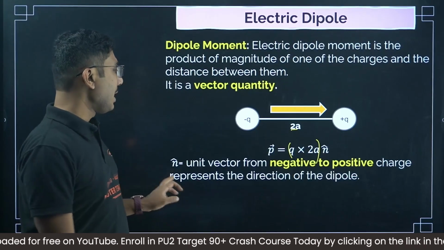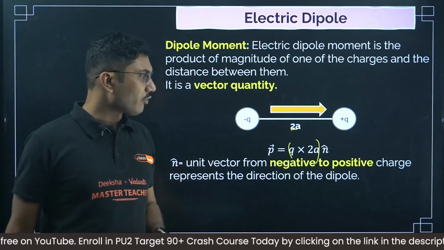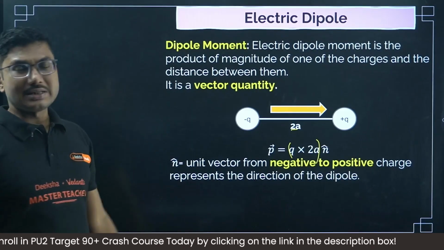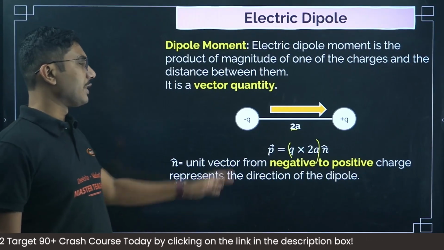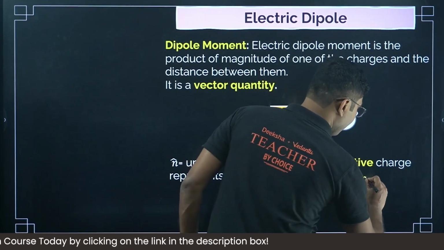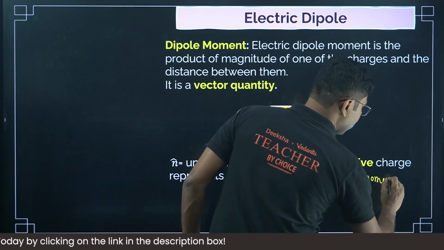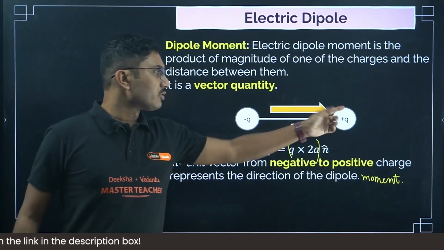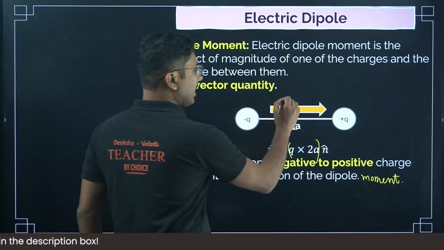What is n cap? N cap is the unit vector from negative charge to positive charge, so that represents the direction of the dipole moment. A dipole generally does not have any direction, but the dipole moment has. So from negative to positive, this is the direction of n cap.